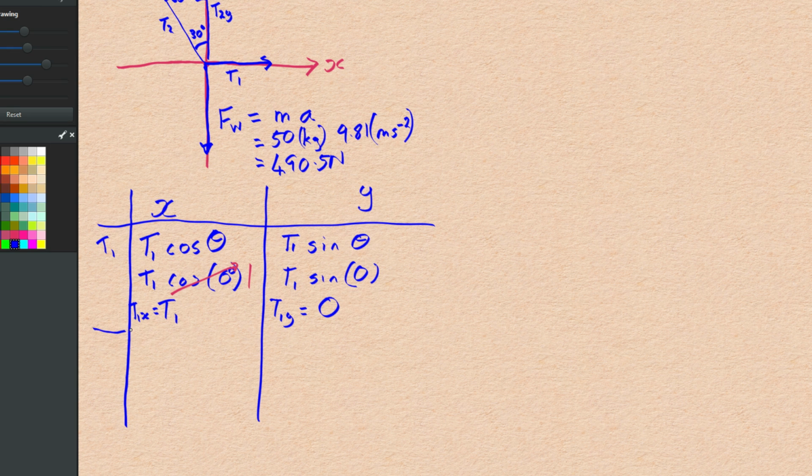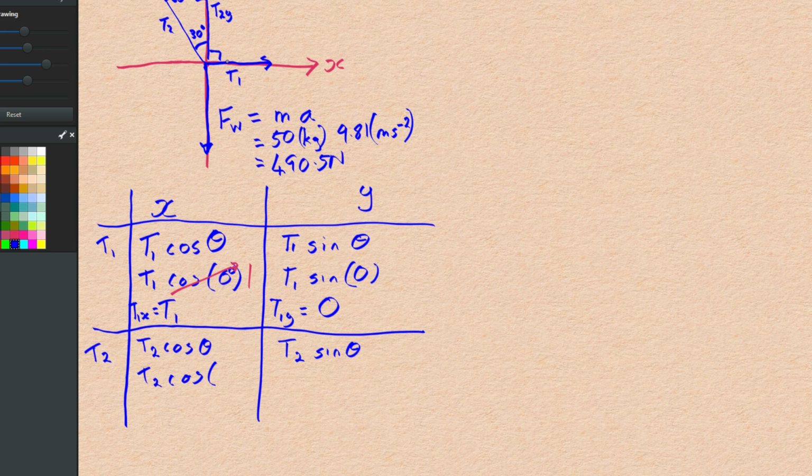Okay, let's do the same thing for T2. T2, I don't know. It will be T2 cos theta, and T2 sine theta. T2, again, we don't know, but we do know the angle. To get up in the direction of T2, 90 degrees would point upwards, but that takes us to T2y.